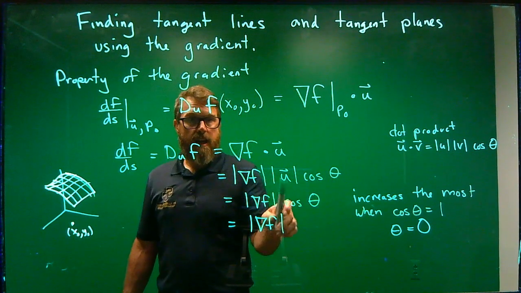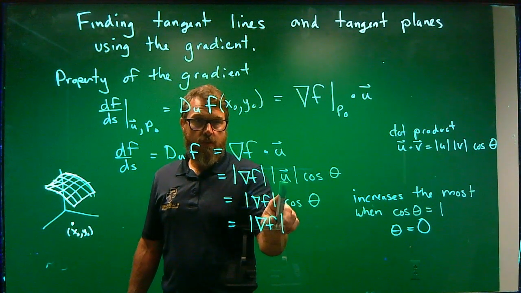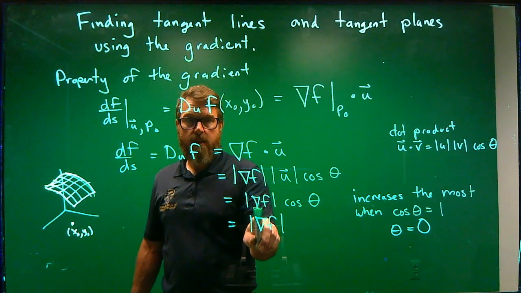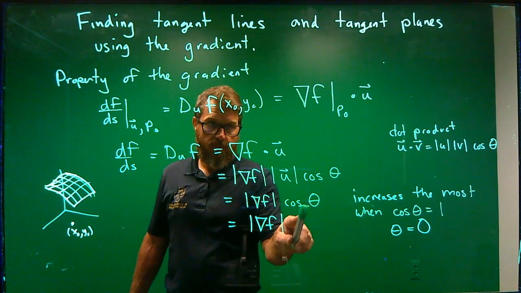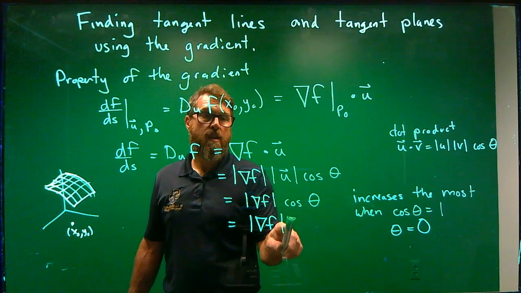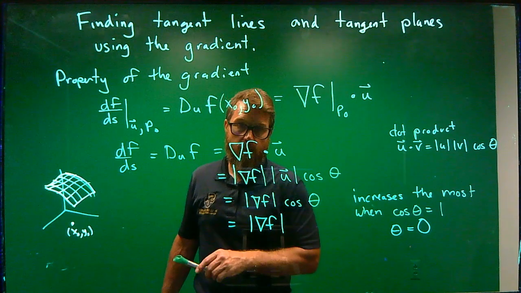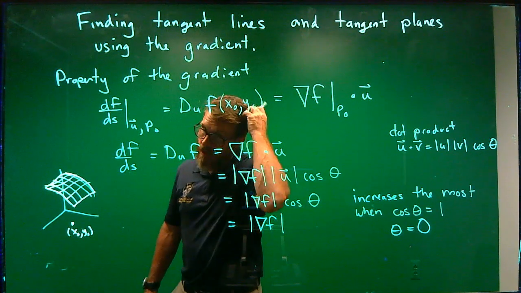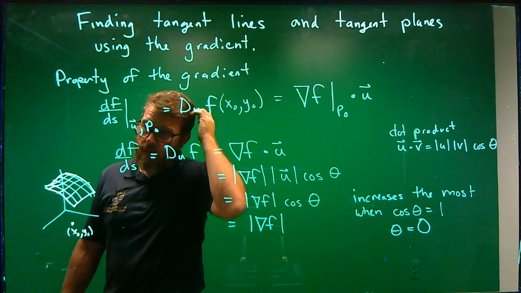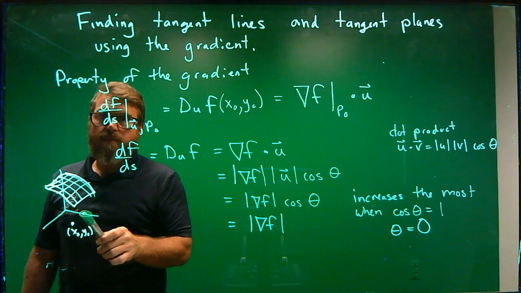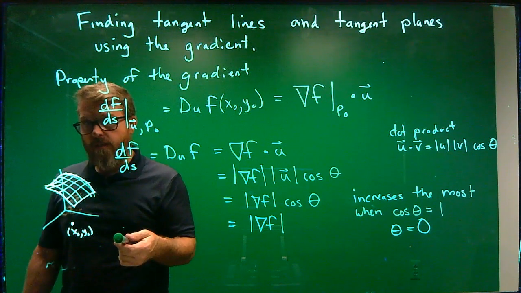The magnitude of a unit vector is just 1, so this is going to be the magnitude of the gradient of f times the cosine of theta. Since the cosine of theta is 1 at angle 0, this is just the magnitude of the gradient. So how do we find where this increases the most?